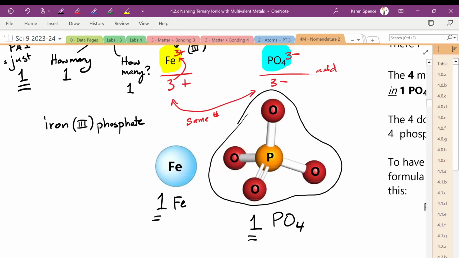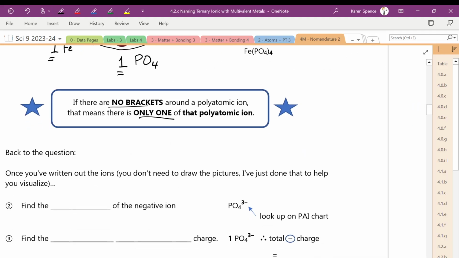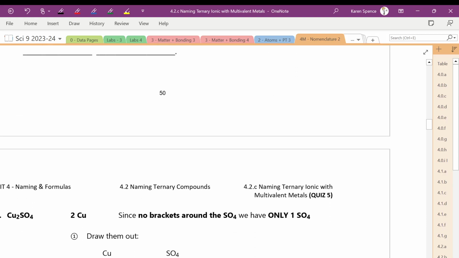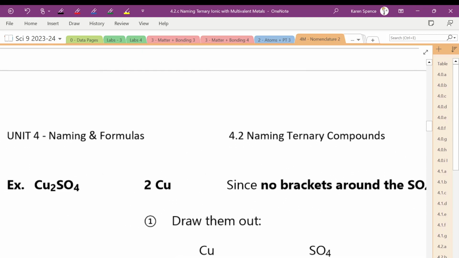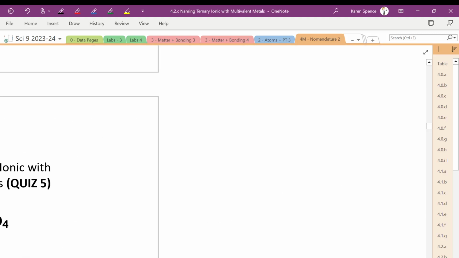Okay, so if there's no brackets, there's only one of the polyatomic ion, we've actually finished this, so I'm going to just skip over that. Let's try Cu2SO4. I'm going to do it over here, Cu2SO4.